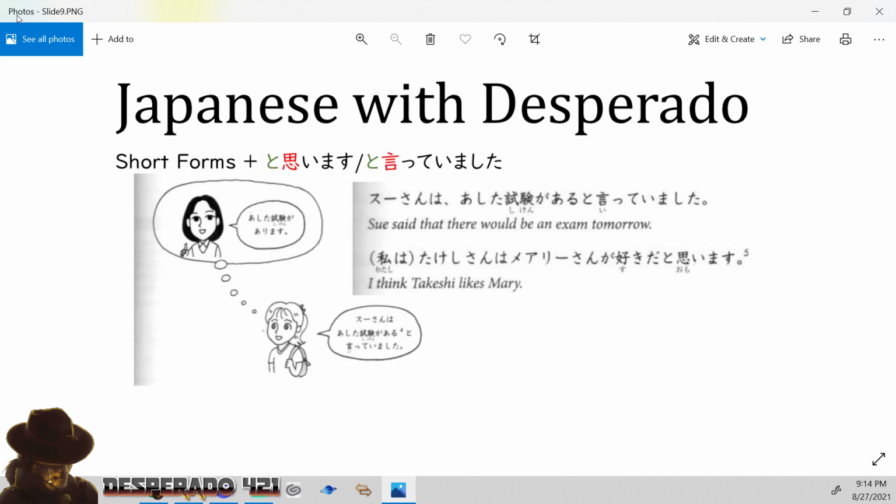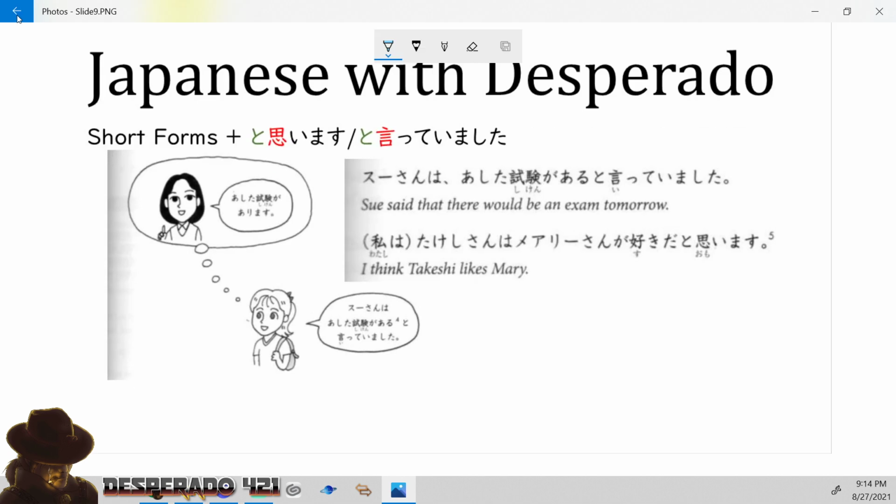All right. So for a bunch of what we did before, we learned about the to omoimasu for I think. So in this case here, we have, for I think, right there, Takeshi-san wa Meri-san ga suki da to omoimasu.